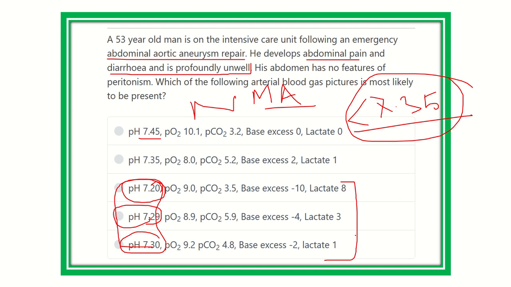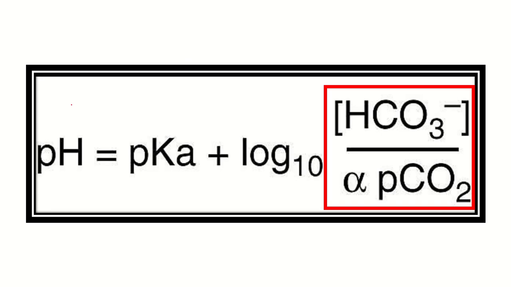and we have to find the correct answer of this ABG. In any acid-base balance or arterial blood gas analysis question, we have to remember that pH is directly proportional to bicarbonate.